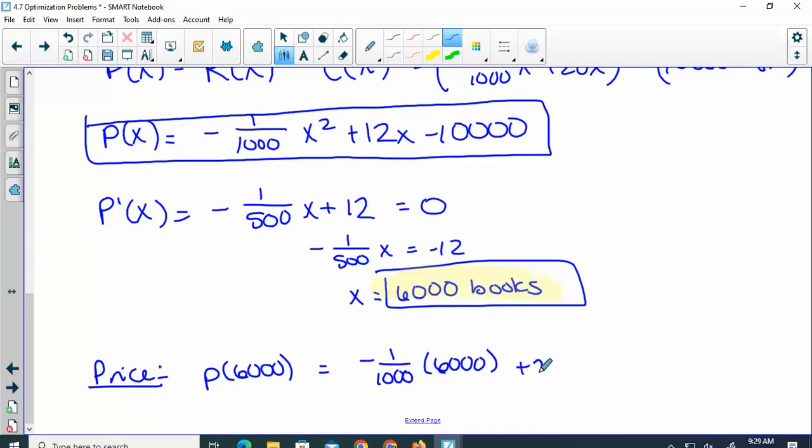Plus 20, is that right? So give me 6 plus 20 for 14. So if I want to make the most money I can out of this, I need to print 6,000 books and charge $14 each for them.